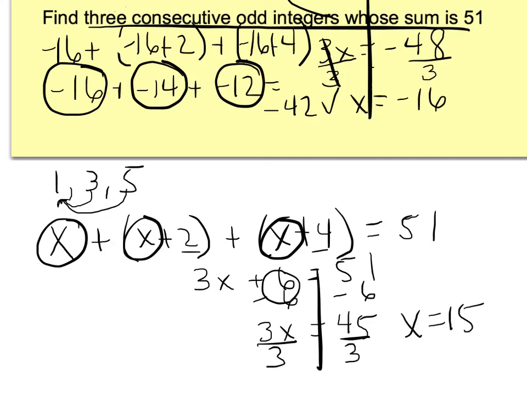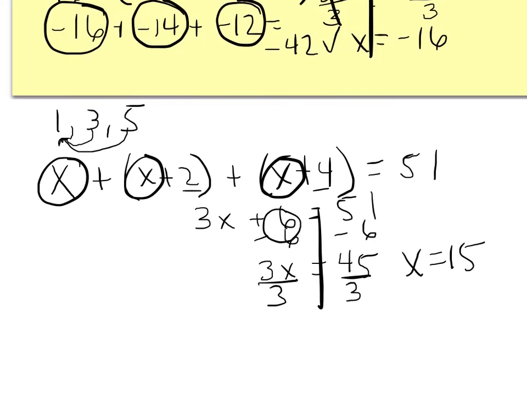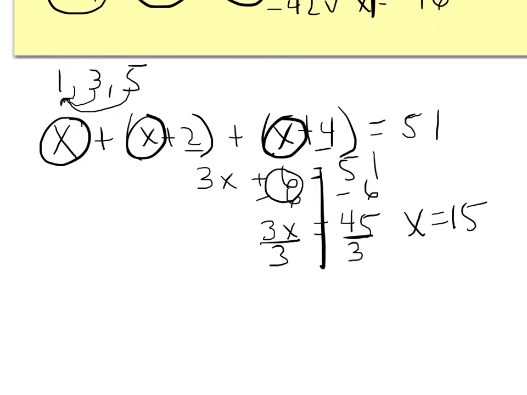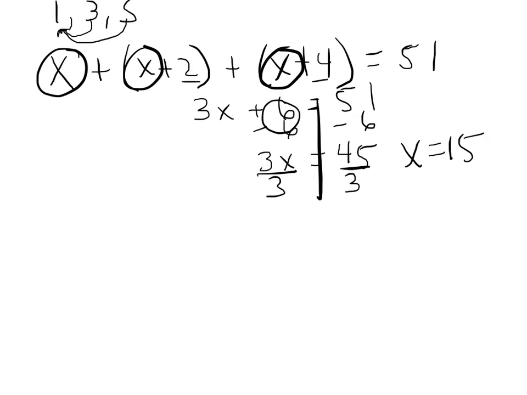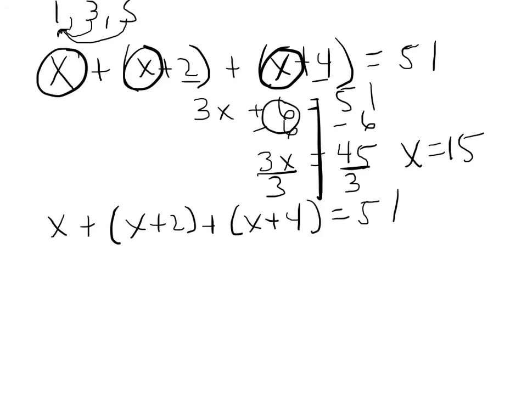Okay, so now I'm going to go ahead and plug in all of this information that I just got. Alright, so if we go back to our original, okay, now wherever I see x, I'm going to plug in 15.